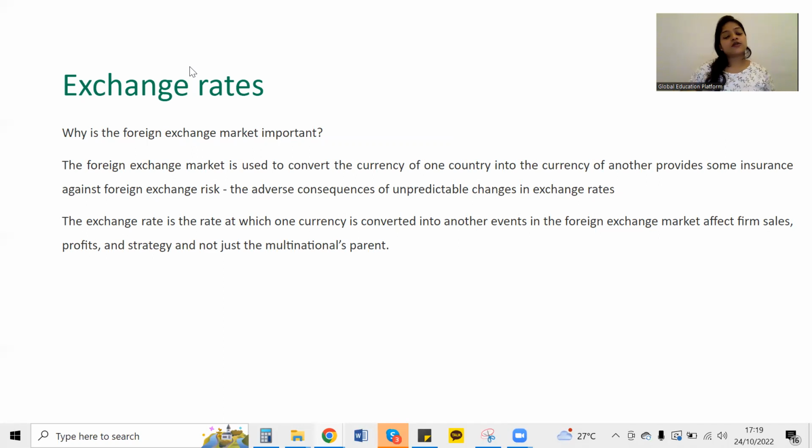So here we look at the exchange rates, because there could also be risks in terms of exchange rates. I'm sure I would have discussed this in the last class, because that's one of the risks when it comes to trading in the international markets, because you'll always have this risk where inflation is taking place.